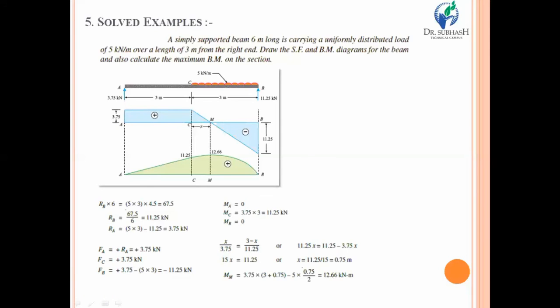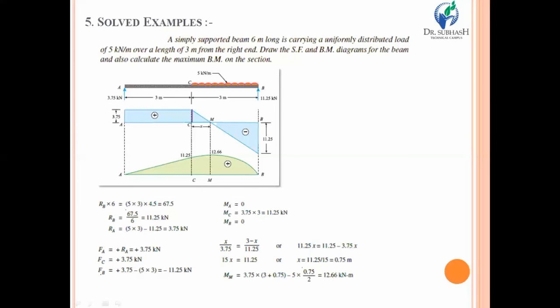Similarly, at point C, there is a 3.75 kilonewton. The same procedure you have to adopt: move in upward direction as per the scale, and 3.75 centimeter should be marked over here.